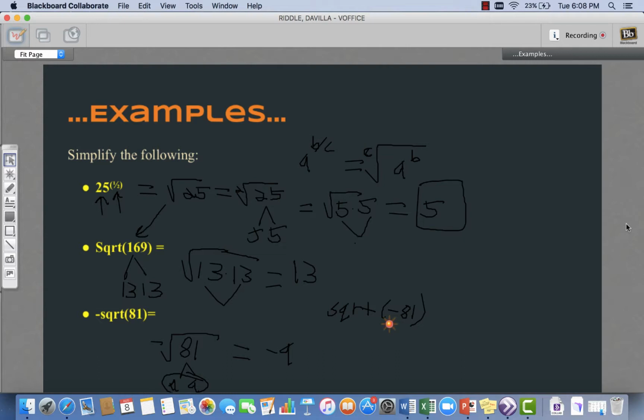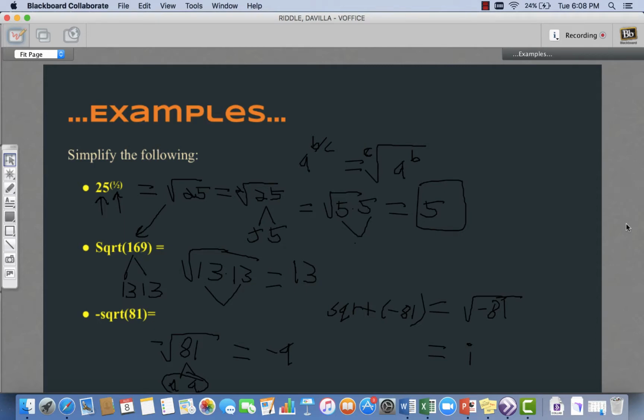Close, close. It won't really be talked about in this lecture, but hopefully it won't be on the test either. What happens is, this is what is known as an imaginary number that comes out. I'll just go through it really briefly because it's not so important. If you have a negative number inside a square root, an imaginary number will pop out to signify that the inside number is negative.